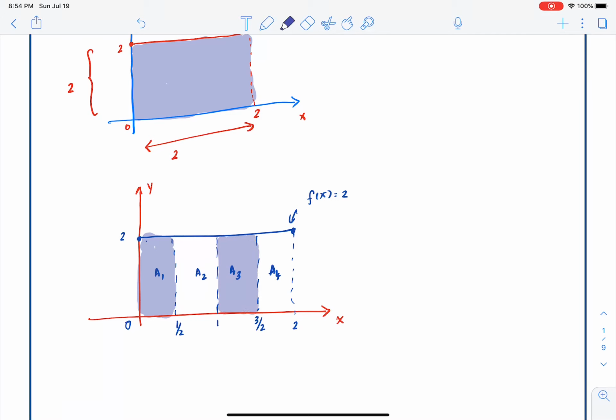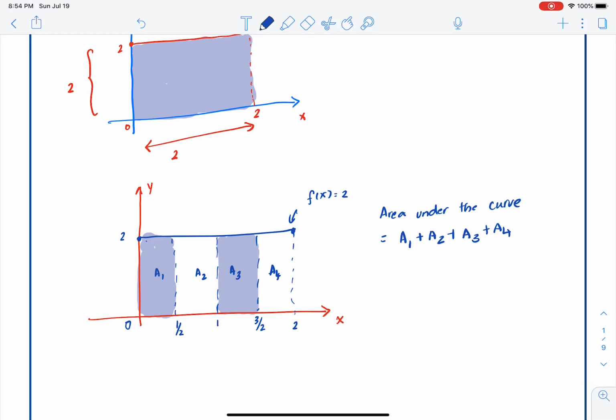And if I want to find the total area under the curve, it would simply be equal to A1 plus A2 plus A3 plus A4.